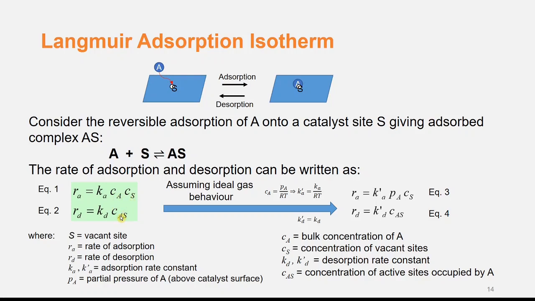Note that you cannot convert liquid and solid or surface concentrations to partial pressure. Only gas phase has partial pressure. The common convention is to use partial pressures to express composition in the gas phase and concentrations C for liquid and solid phases.